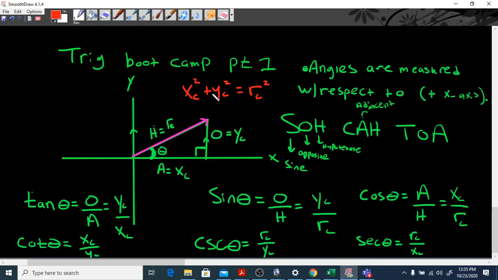There is the Pythagorean theorem in terms of x, y, and r. And this is truly the starting point for everything dealing with trigonometry.